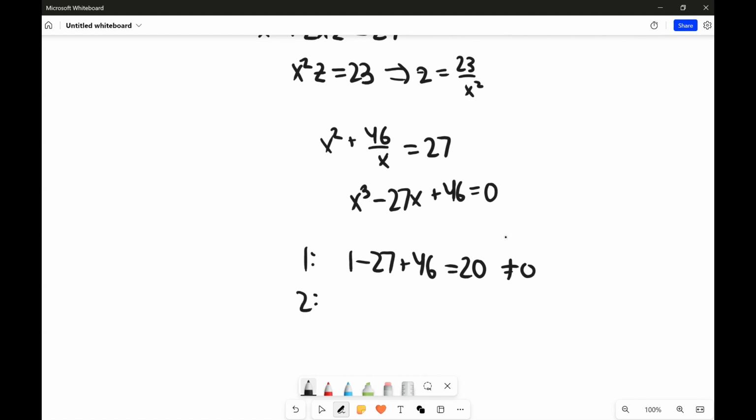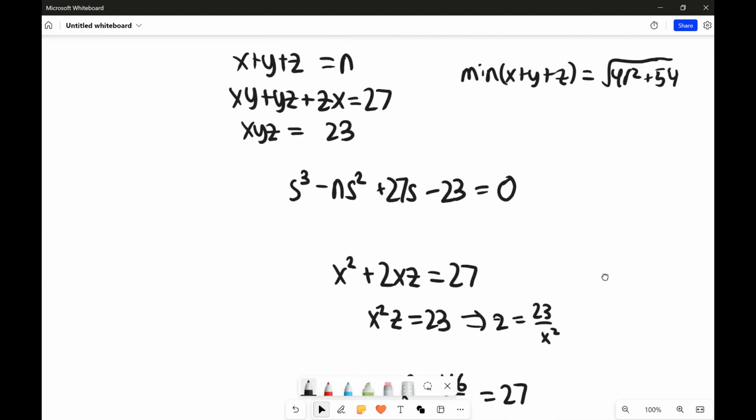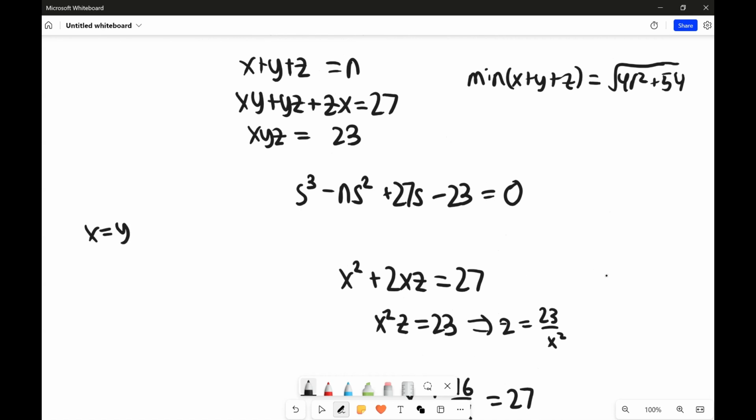For 2, we have 8 minus 54 plus 46, which miraculously happens to be 0. And therefore, x is equal to 2. And so is y. So x equals y equals 2. And since xyz is equal to 23, z is equal to 23 over 4.